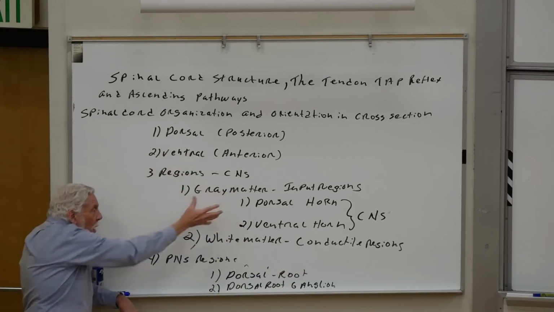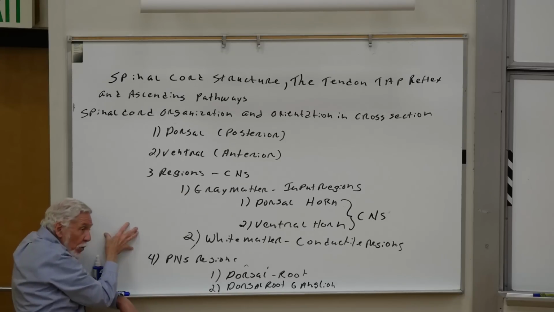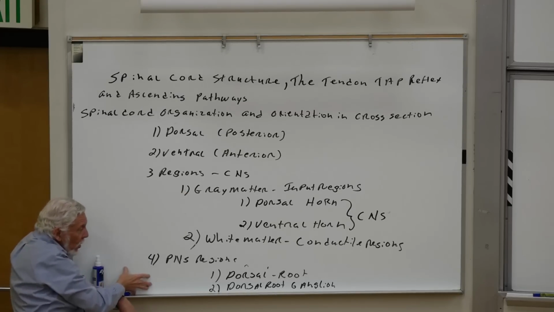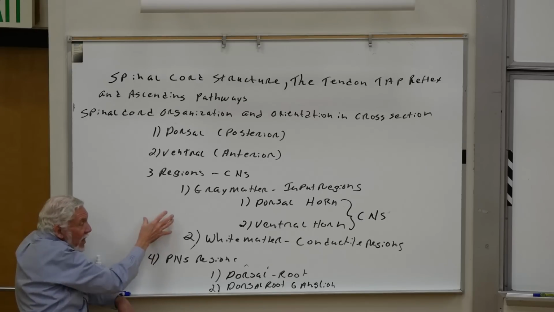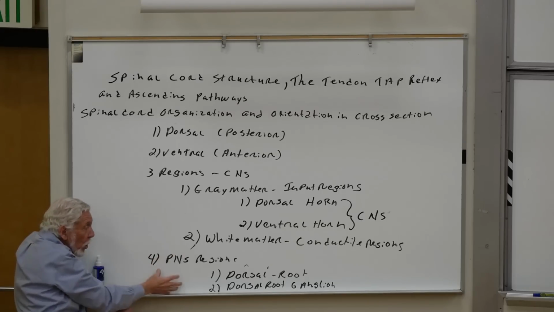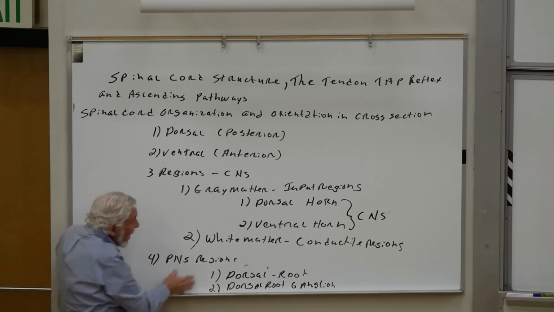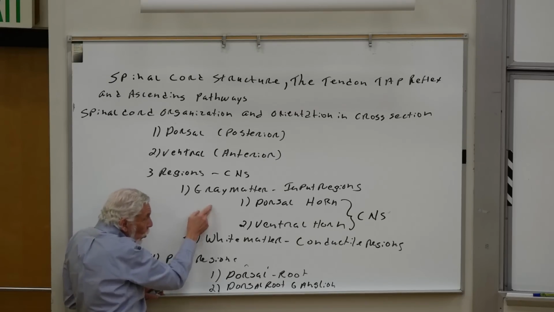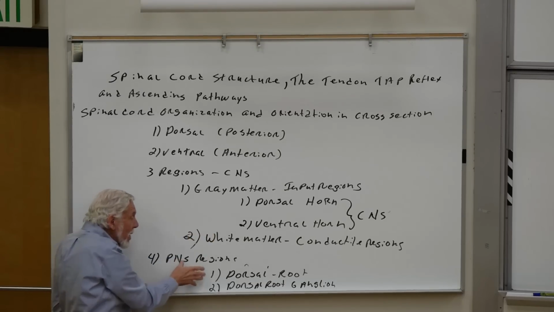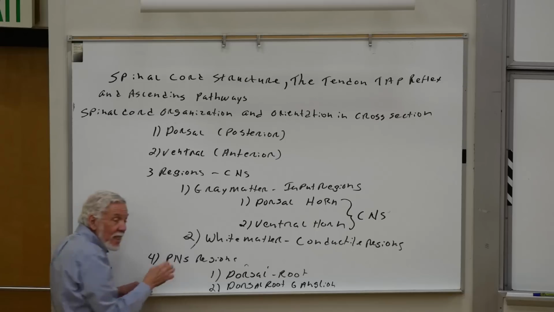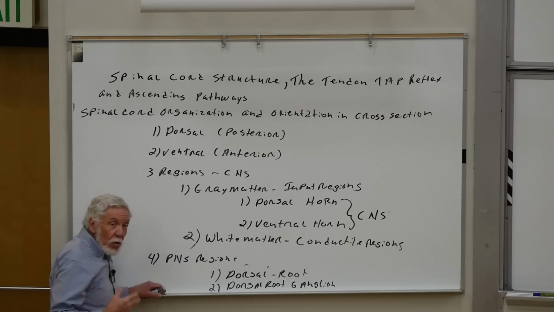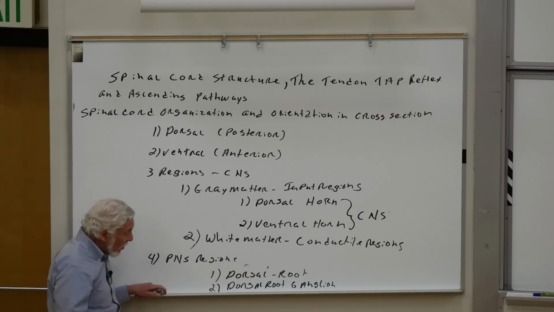Then once we progress from the central nervous system out into the periphery, we'll see now the nomenclature changes a little bit. We go from the idea of horns, which are central nervous system, to roots. Roots are extensions of the dorsal horn and ventral horn, respectively, but now the dorsal root is going to contain the axons, the conductor regions of primary sensory afferents.